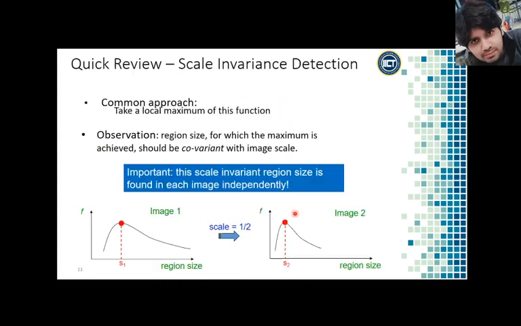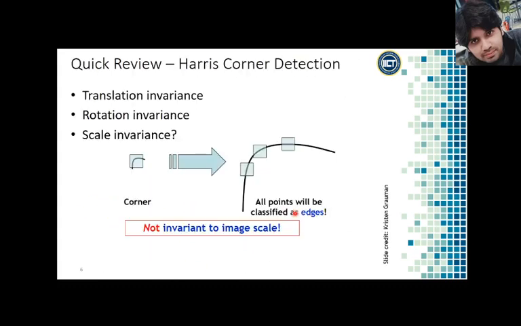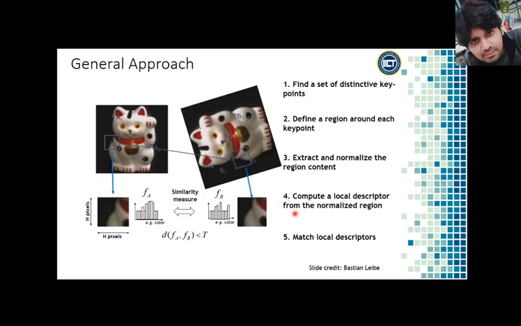If you recall what we discussed here, we find distinctive key points, and then we define a region around the key point. We extract and normalize the region content, and we compute a local descriptor from the normalized region.